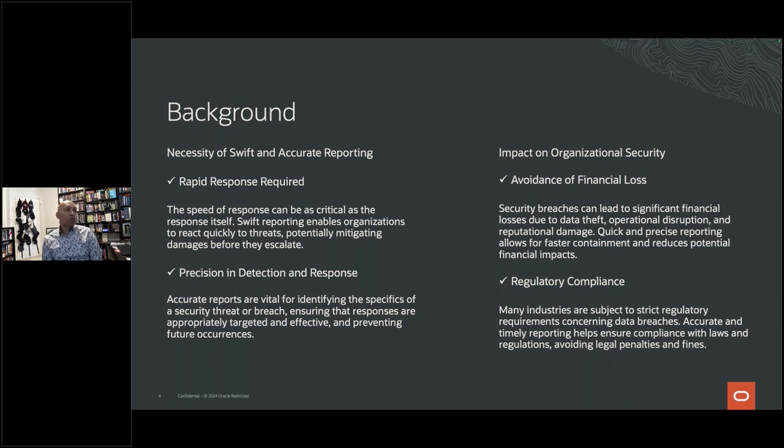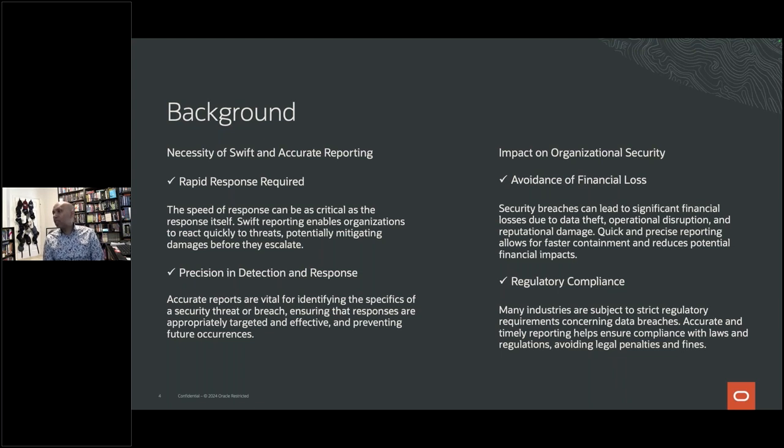So swift reporting enables organizations to react quickly to threats, potentially mitigating the damages before they escalate. Not only is reporting critical, the other item that is critical is the precision in detection and response.